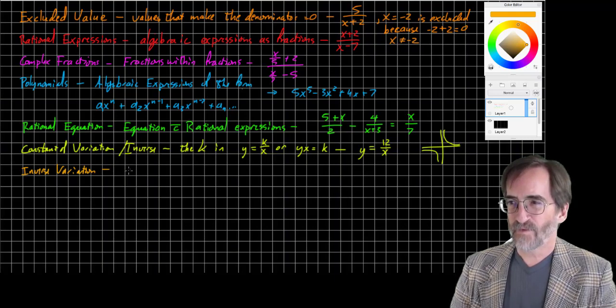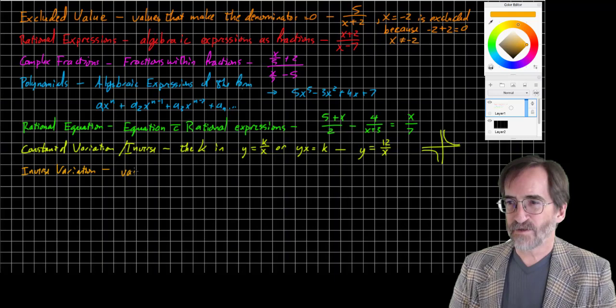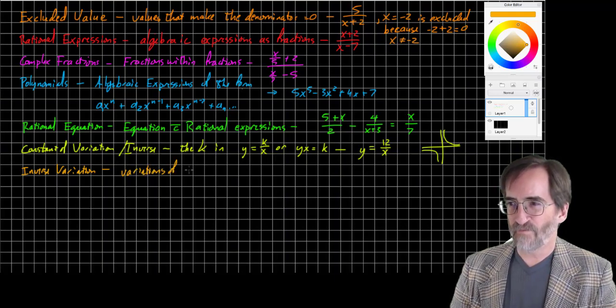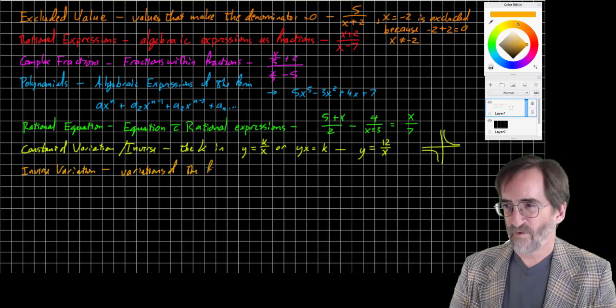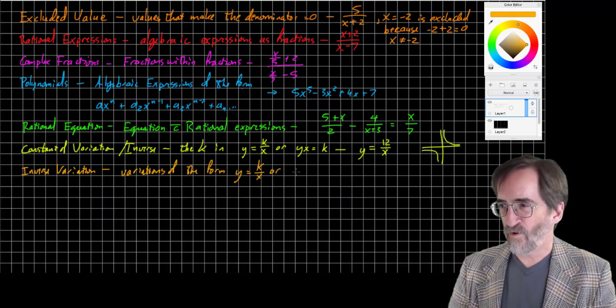Okay, and that's variations of the form y equals k over x, or yx equals k.